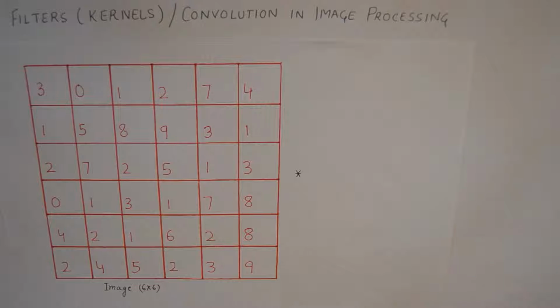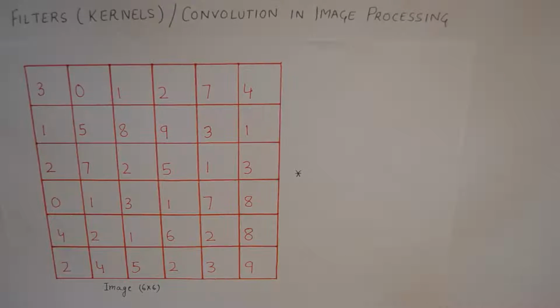For example, if I have this image of, let us say, size 6 by 6, each of these boxes represents 1 pixel, and the value inside the box represents the intensity of a pixel.